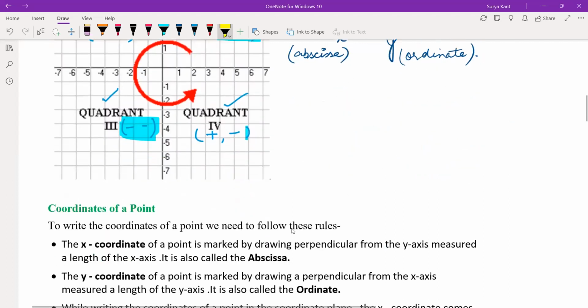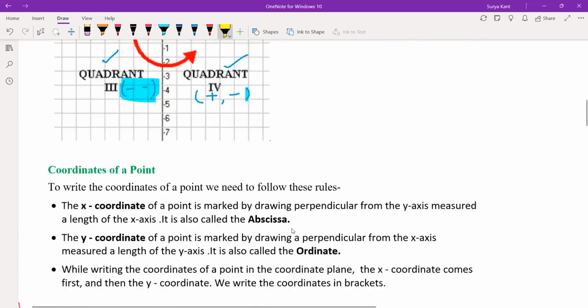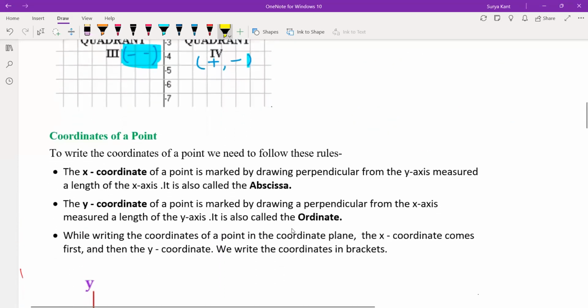Next. The x coordinate of a point is marked by drawing a perpendicular from the y-axis, measured as a length on the x-axis. It is also called what?